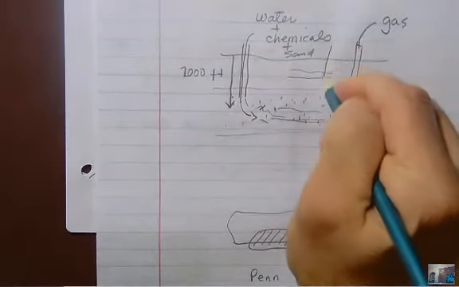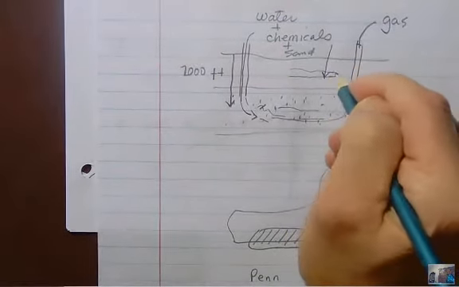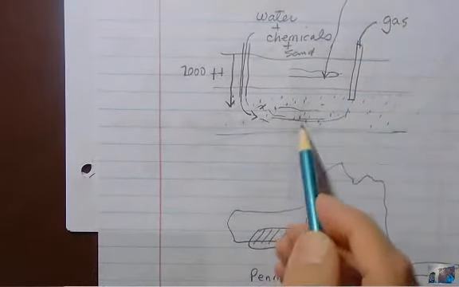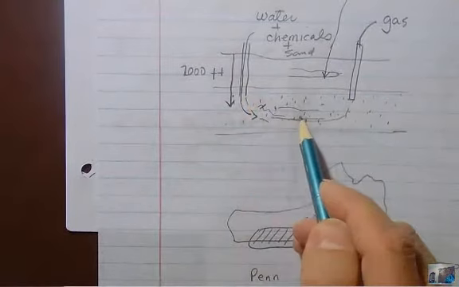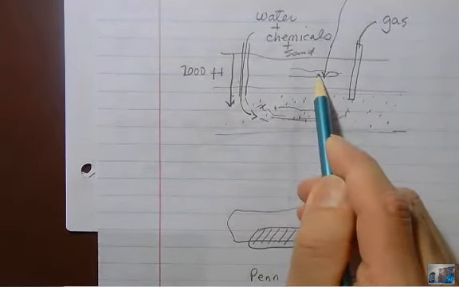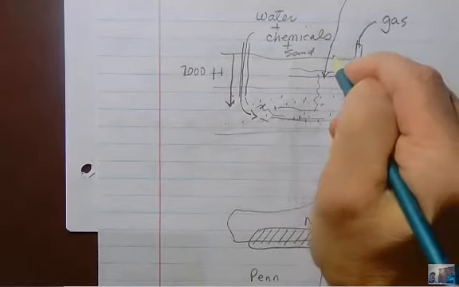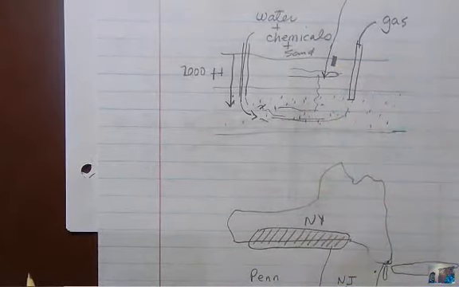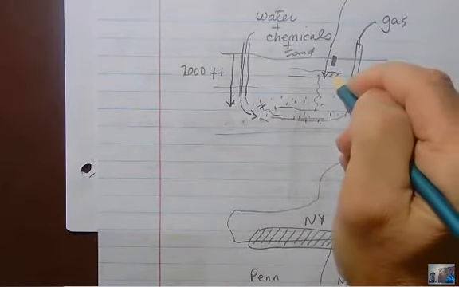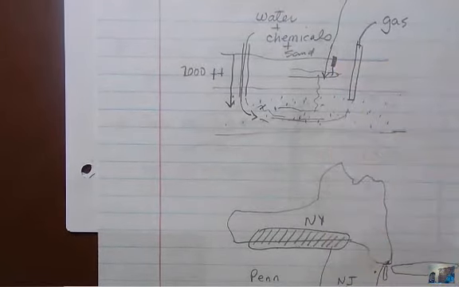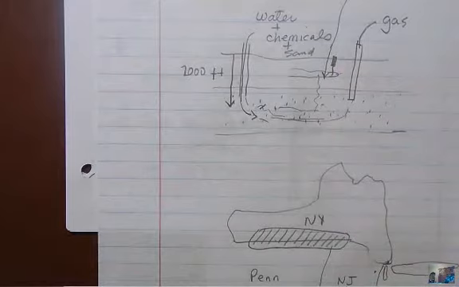But a few hundred feet under the ground is the tables where people get their water. So if any of that fracking liquid and water and sand leaches into the water table up here, then someone's well on their farm, and most people out in these rural places get their water from a well, they're going to get all of this polluted material in their drinking water. So that's one of the reasons why it's so controversial.